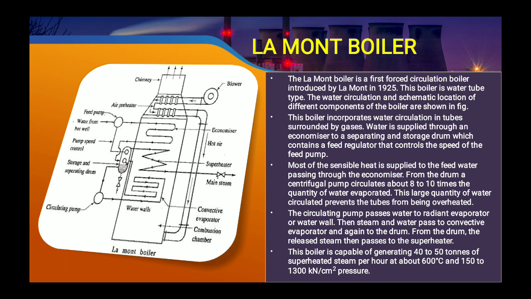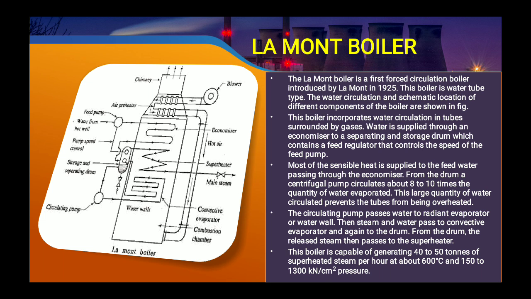Most of the sensible heat is supplied to the feed water passing through the economizer. From the drum, a centrifugal pump circulates about 8 to 10 times the quantity of water evaporated. The circulating pump passes water to the radiant evaporator or water walls. This steam and water pass to a convective evaporator and again to the drum.